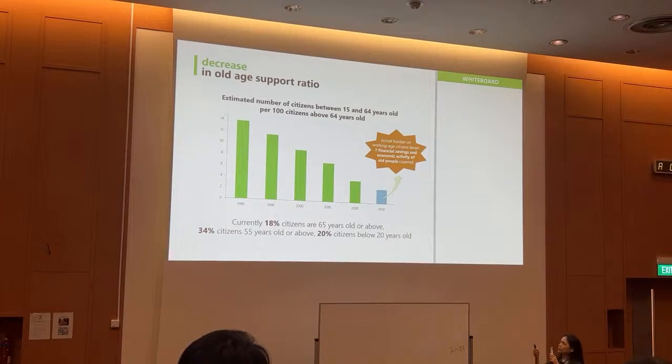So if you look at the ratio earlier on and the ratio here, in general, it is trying to say that each elderly person has a smaller number of working adults to support him or her. In other words, the workforce and society may have more burden in taking care of dependents in future, especially the elderly.